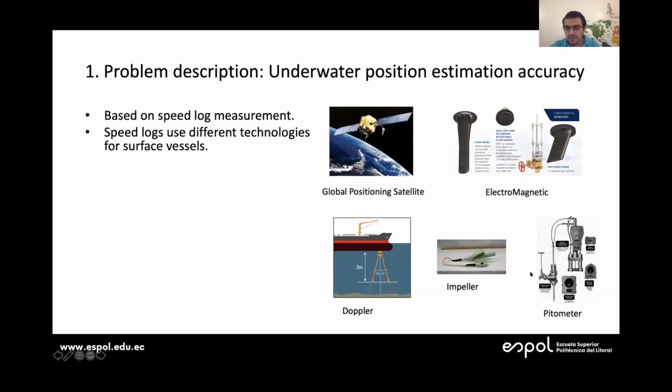The ones on the bottom are quite classic, standard, old too. And one of the modern ones is this electromagnetic sensor. This is the one that the submarine uses, basically, because it's more reliable.